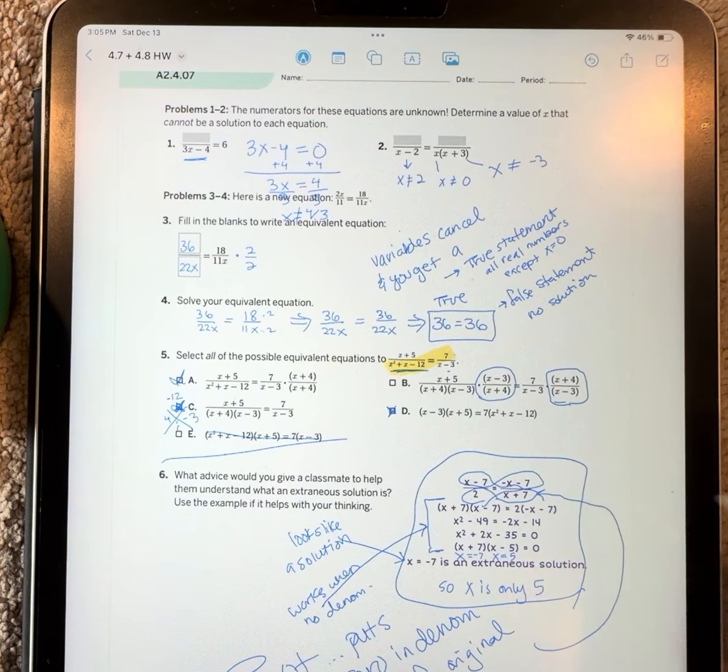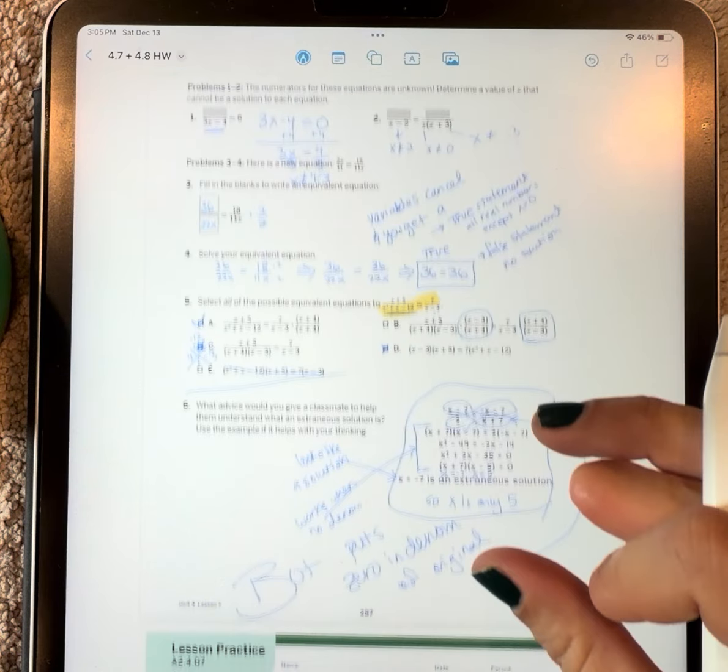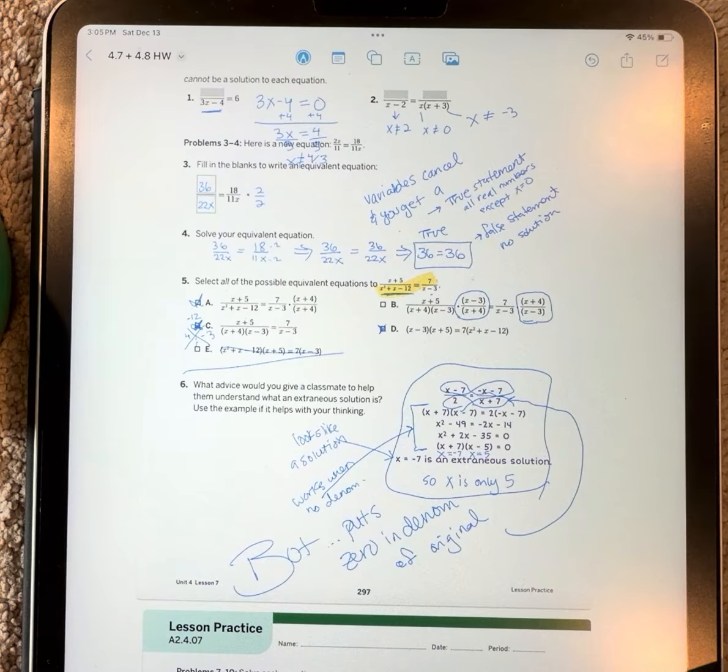Right here. That's the problem. That's an extraneous solution. Okay? Alrighty, let's keep going. B.